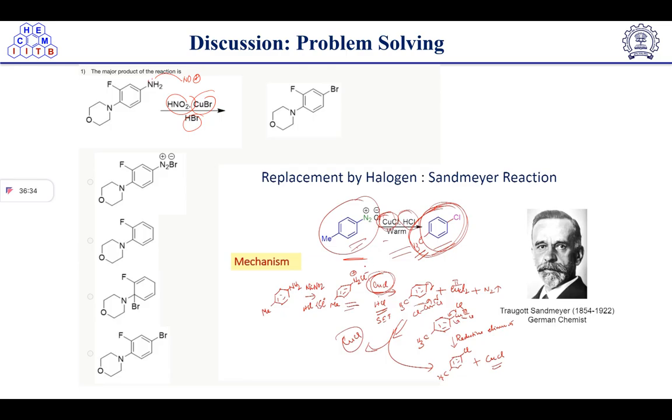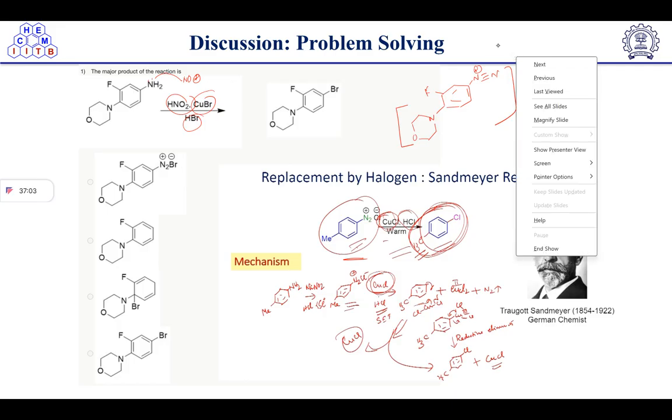I have explained to you in the earlier case also. Radical formation will take place this way. Electron donation will take place. Correct.